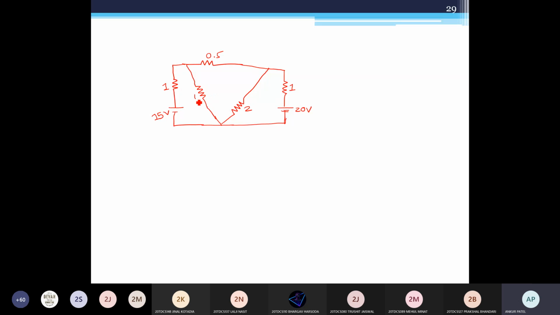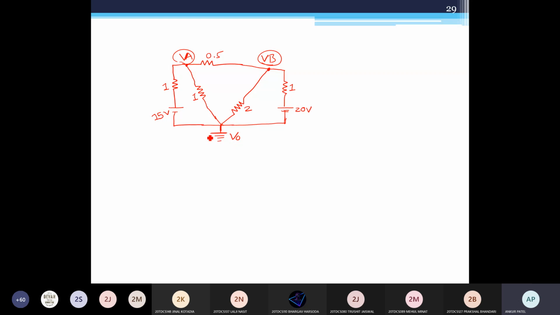This is your node A, this is your node B, and this is your reference node. These are V0, VA, VB. Now get VA and VB.